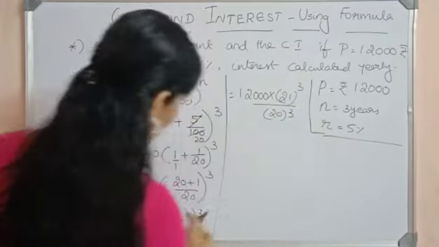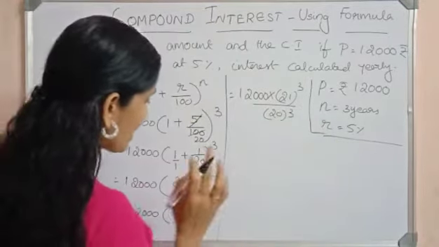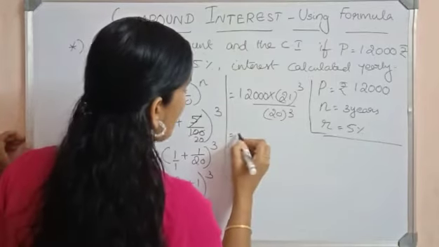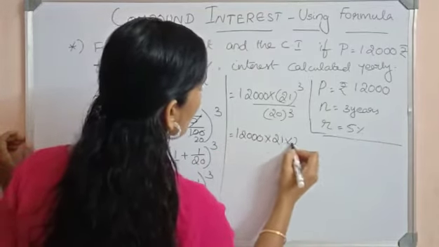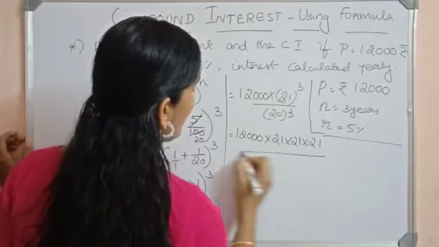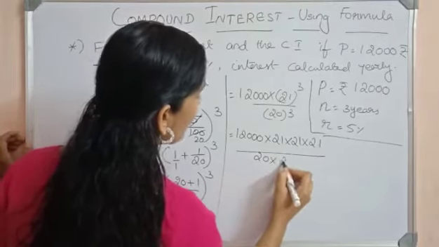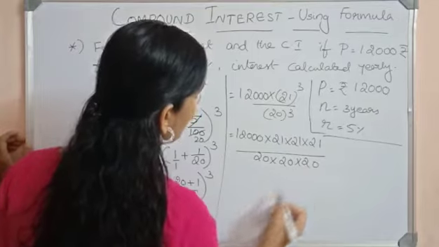Distribute this cube to both the numerator as well as the denominator. This becomes 12,000 into 21 into 21 into 21 divided by 20 into 20 into 20.